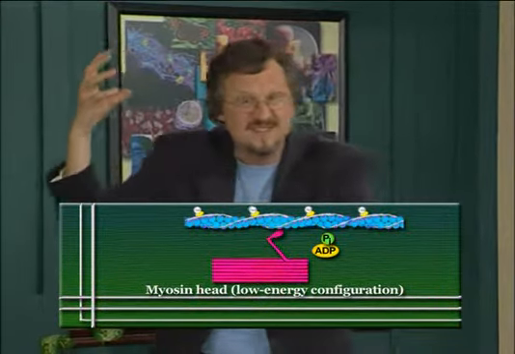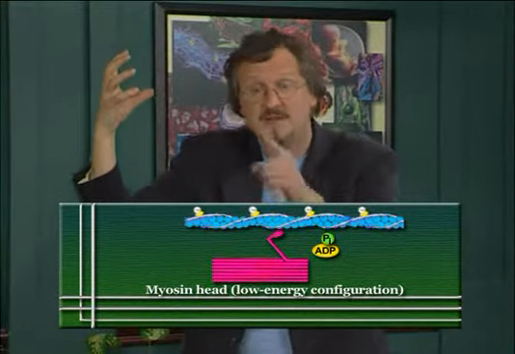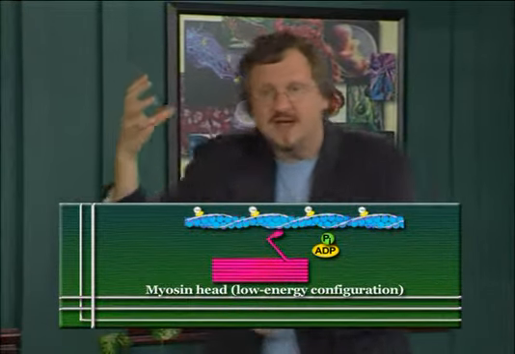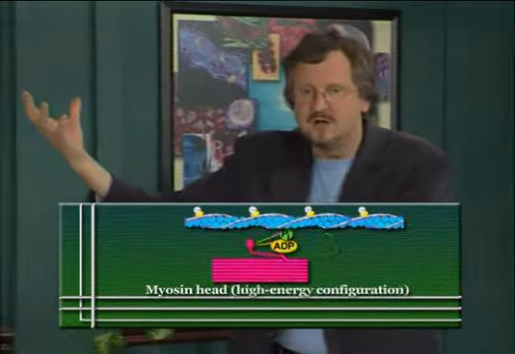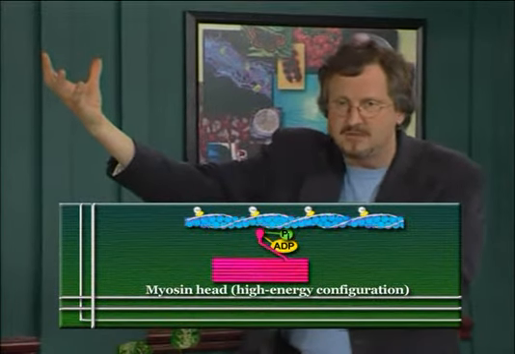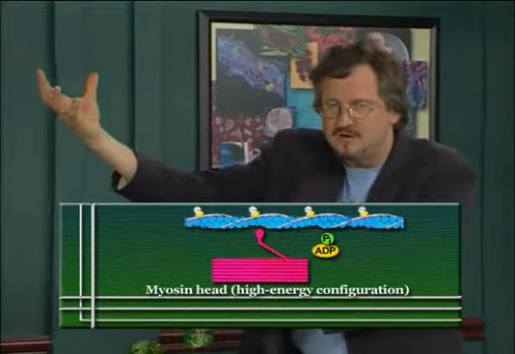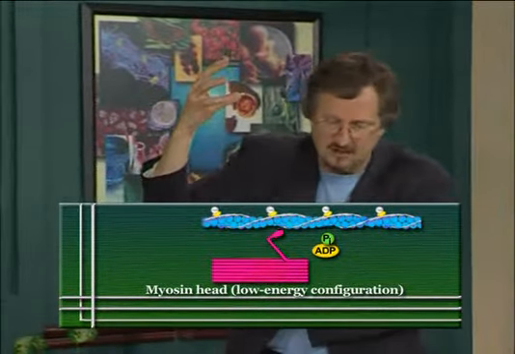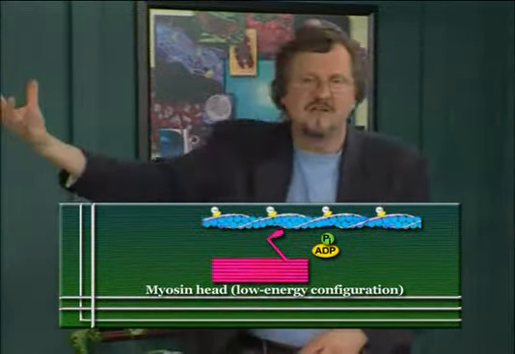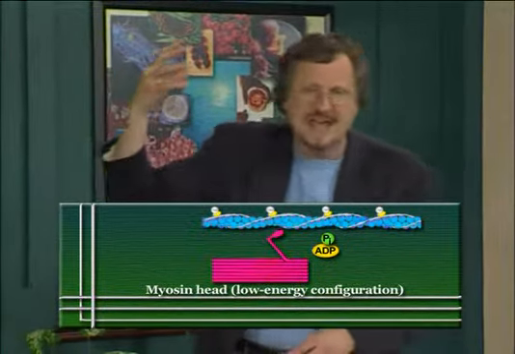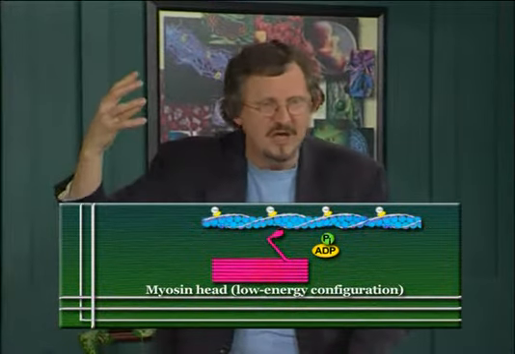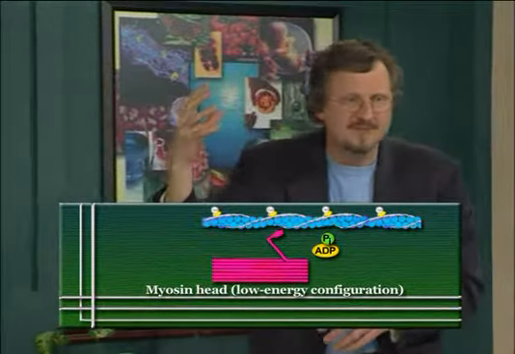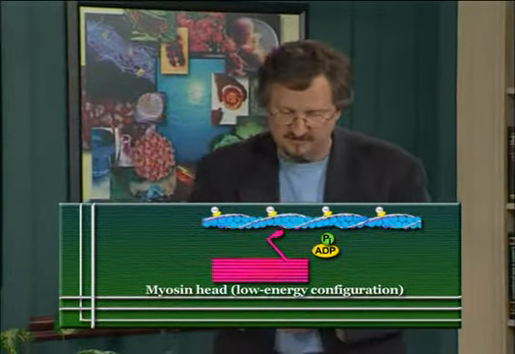But it's still got hold of the actin thin filament. And so, because it's reached out, bound to an actin on a thin filament, lost its phosphate, and returned to its other configuration, it literally pulls that actin along and actually ratchets that thin filament just a few nanometers, like 5 or 10 nanometers, but enough to actually move the filaments past each other under force.